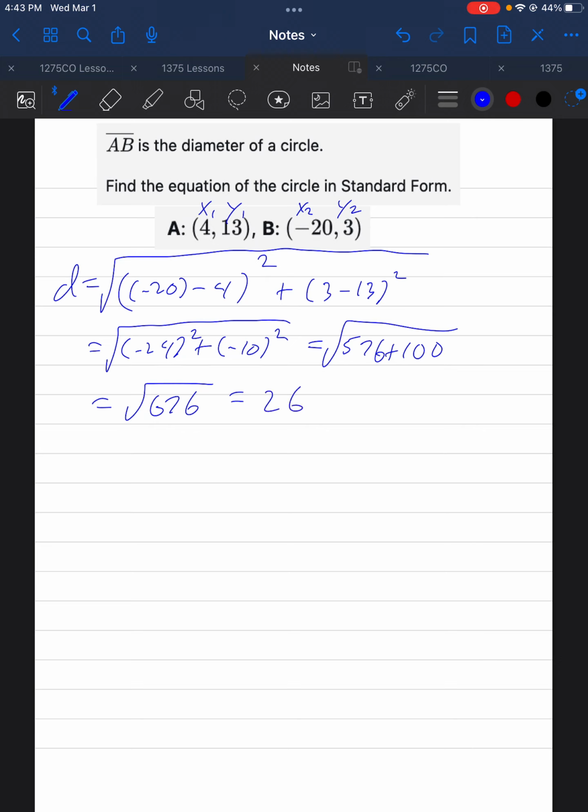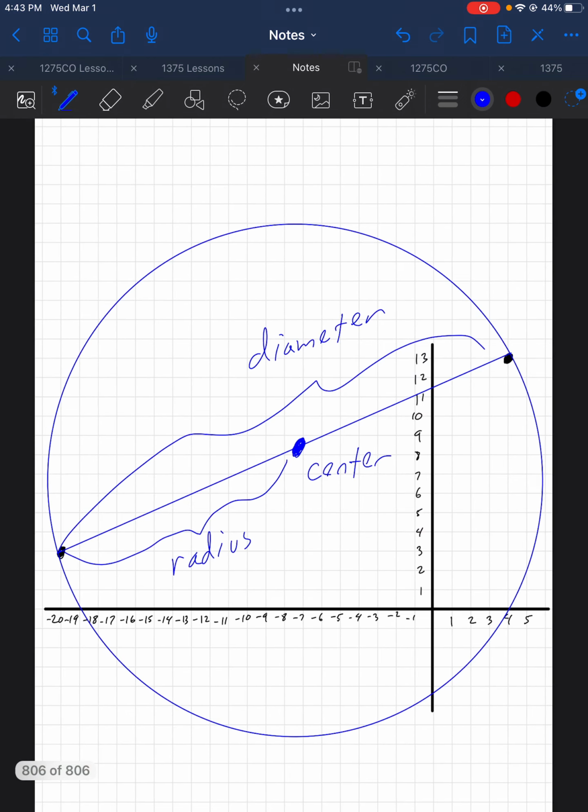Square root of 676 is equal to 26. So we have a diameter equal to 26, that means our radius is equal to 13. So what we're saying here is that this radius is equal to 13, and we can use that for our equation.